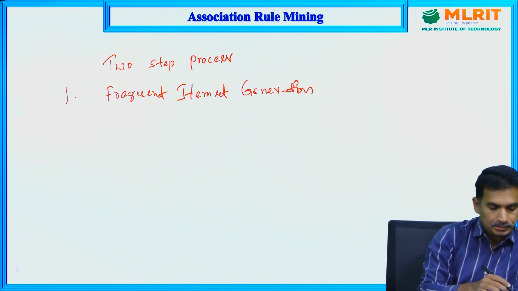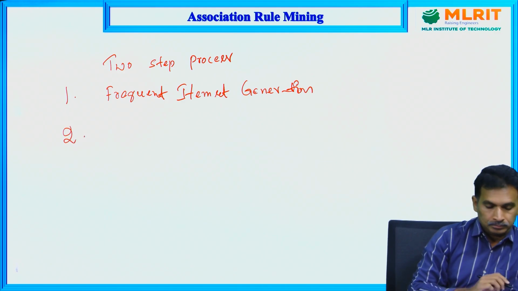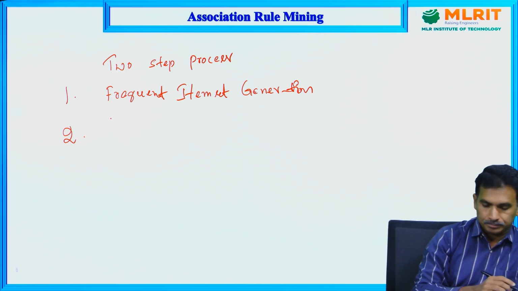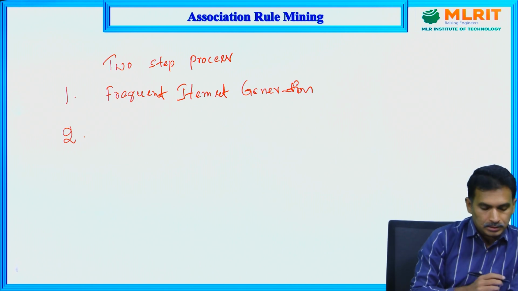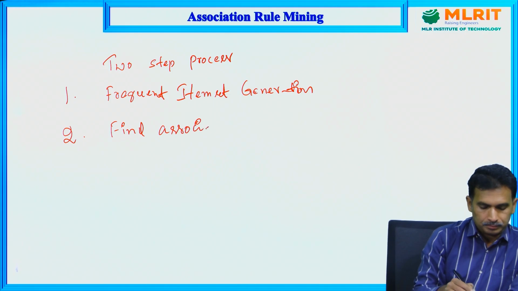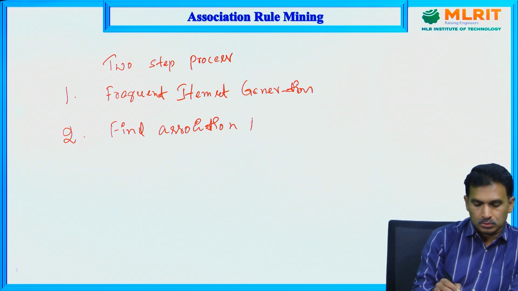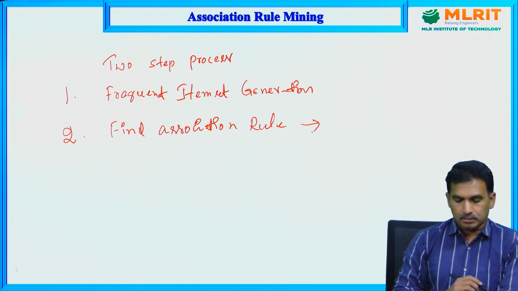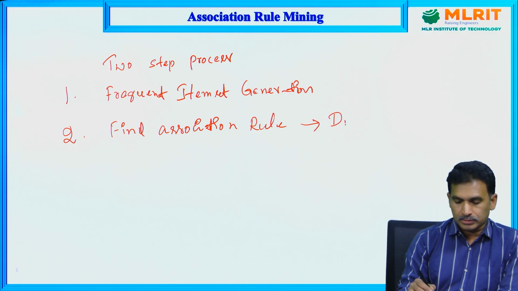The second step is to derive the association rules from the frequent item sets. This second step is very easy, a direct process.